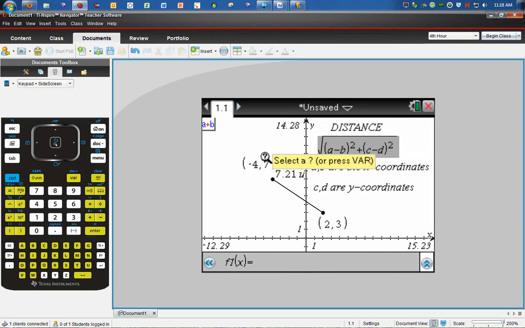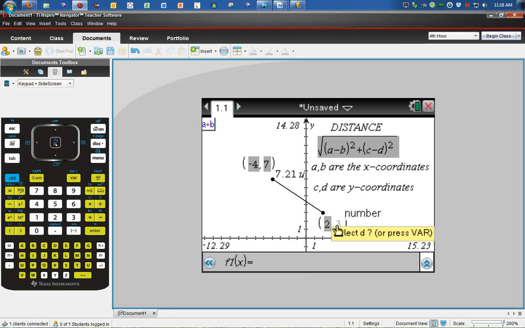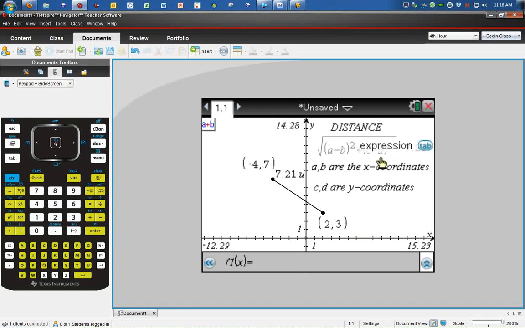Now it says select A. Well, A is my first x value, B is my second x value, C is my first y value, D is my second y value. And then I got negative 7.21, or 7.21, which I'll put right over here.